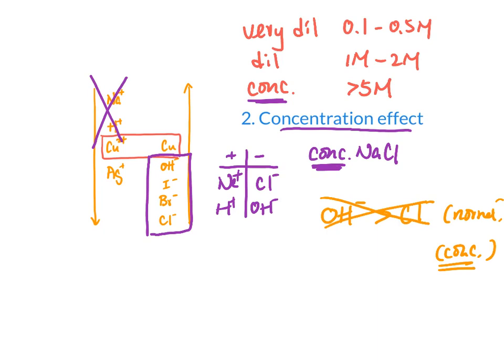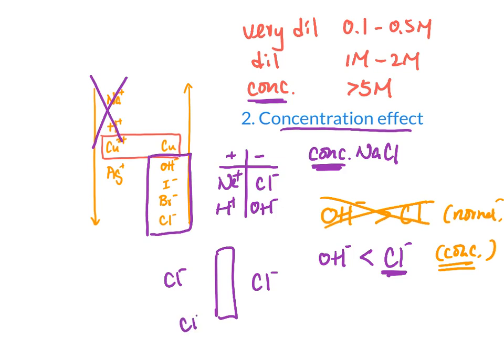In the concentrated case, Cl minus will be stronger than OH minus. So you can imagine there are just more chloride ions around the electrode, so it is easier for them to get to the electrode and lose electrons in the process. So in this case, Cl minus will preferentially discharge, before OH minus.